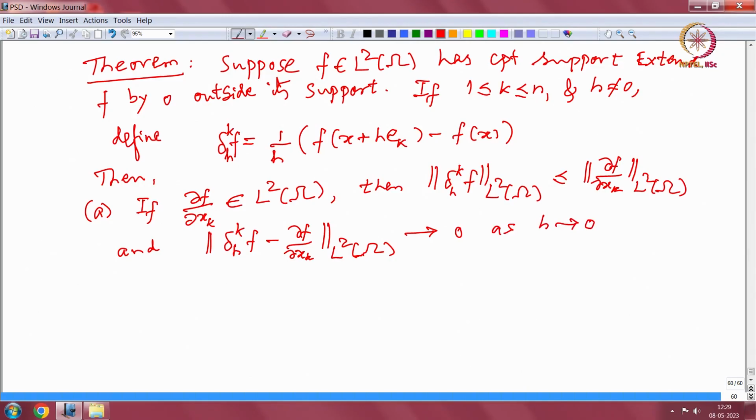So the requirement that the weak derivative is in L2 imposes conditions on these finite differences.